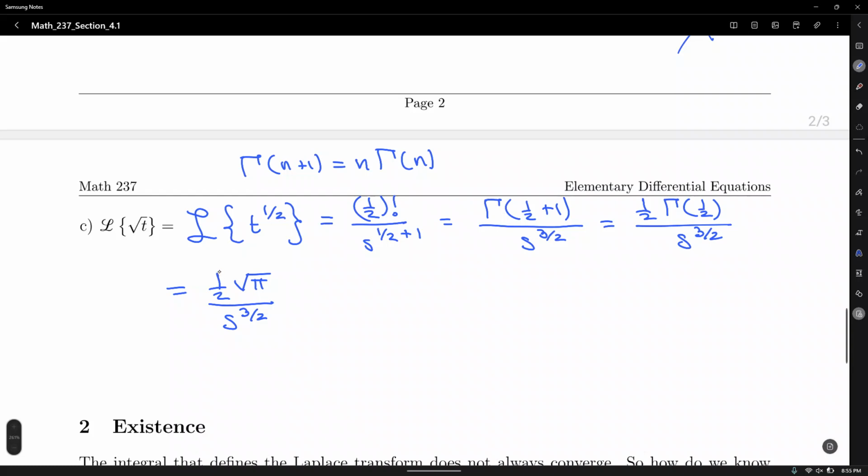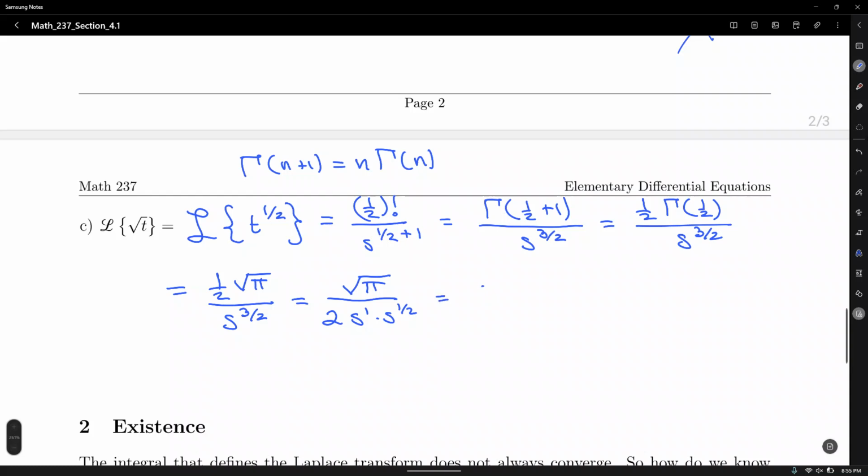Well, number one, this 1/2 is the same as 2 in the denominator. That equals the square root of pi divided by 2 s to the 3/2. However, you guys agree, hopefully, this is s to the first power times s to the 1/2. That comes from the very first step.